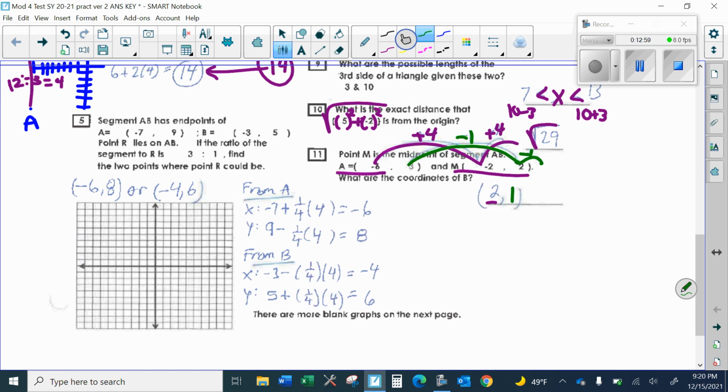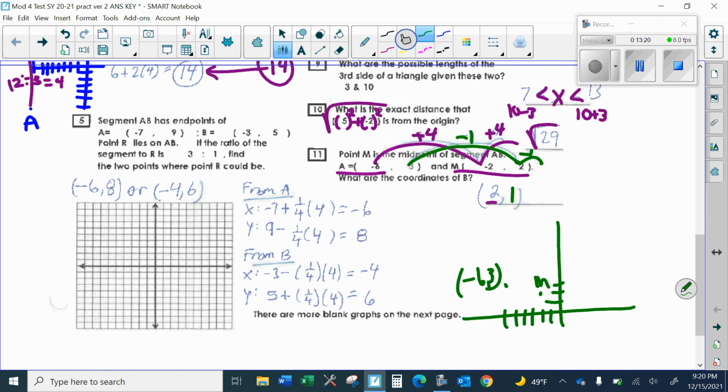You could plot that out and verify it. And in plotting it out, you can just use slope. So for example, negative 6, 3. The midpoint was negative 2, 2. Well, how do I get from there?